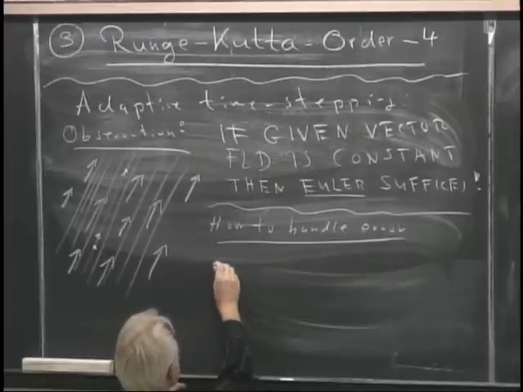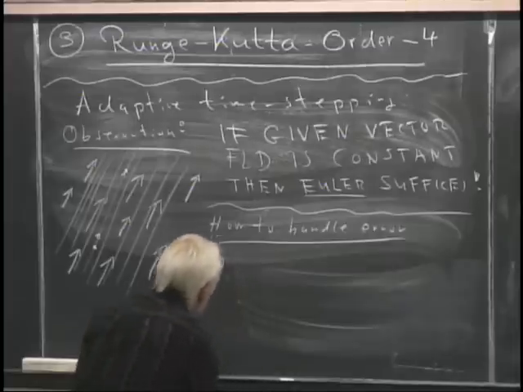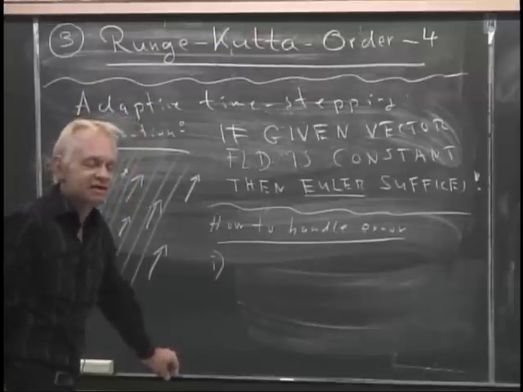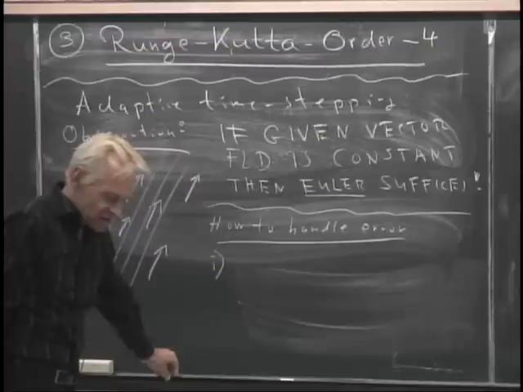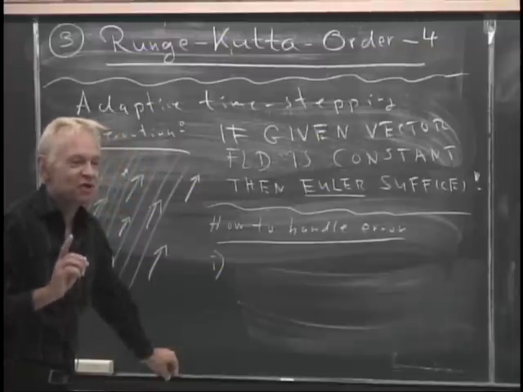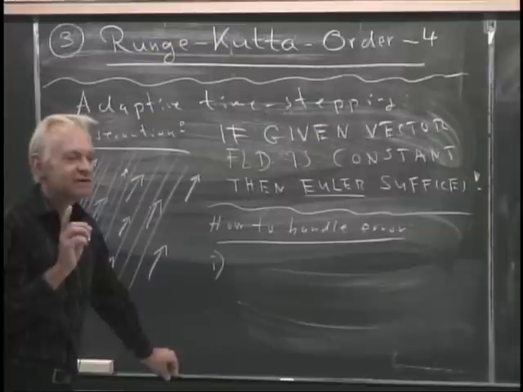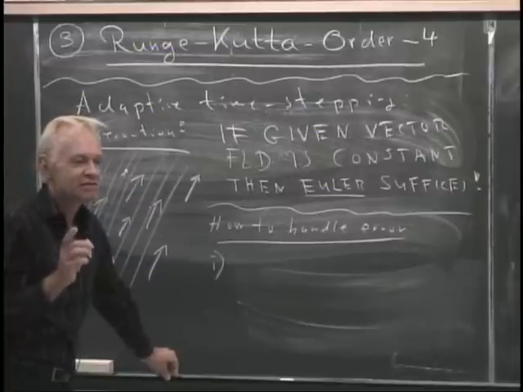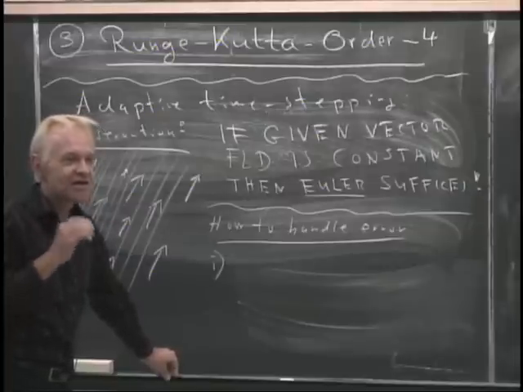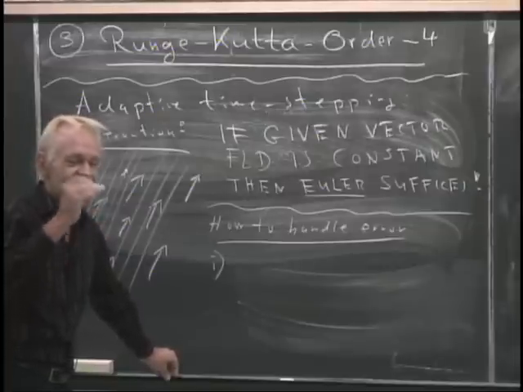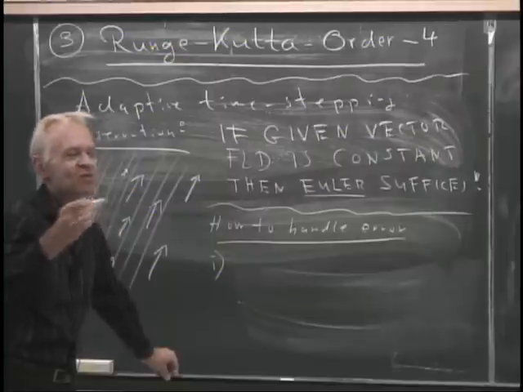This is the sequence of thinking, and I hope you get it. First, I compute a next point using any of these methods with some delta t. Think of delta t as 1 second. I always try to compute the next point using a delta time of 1 second.